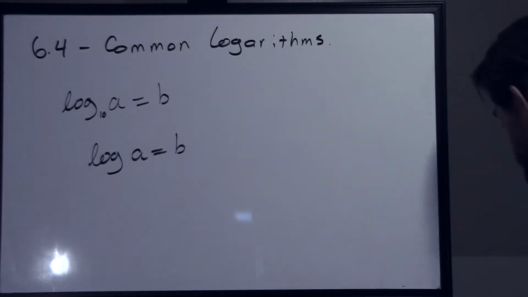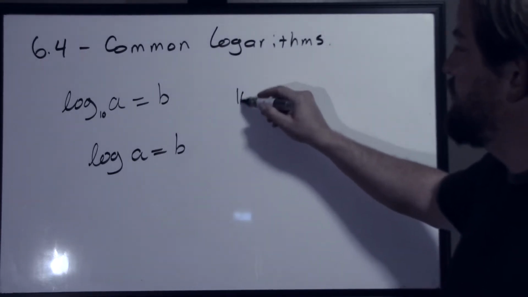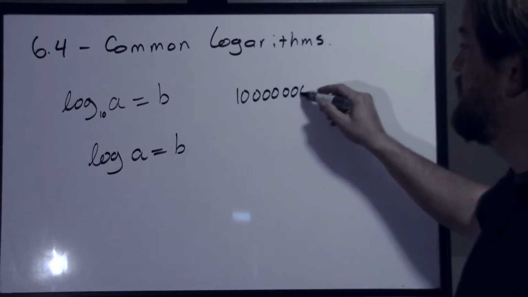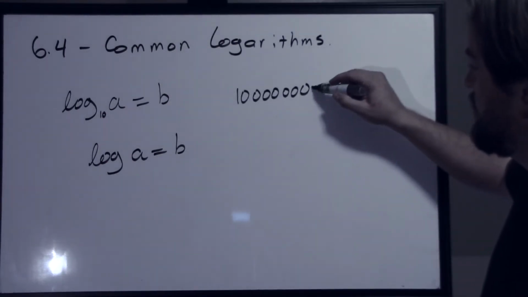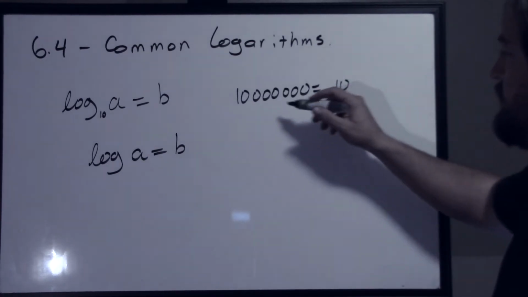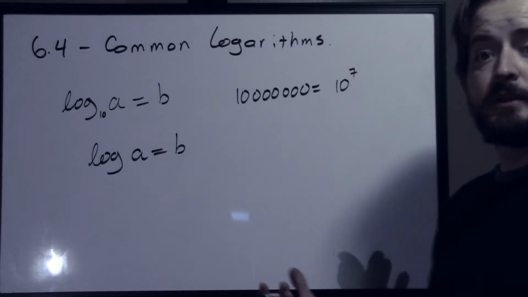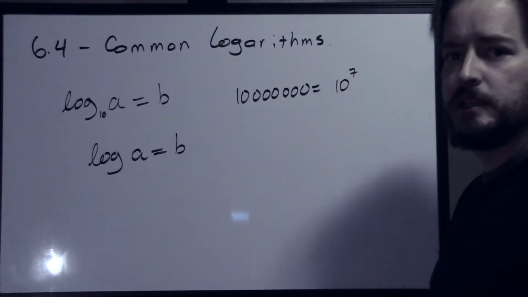Common logs are useful when you see things like, for example, 10 million, which is equal to 10 to the 7. Here we see 10 is a power. It's a common power, especially when you're dealing with things like scientific notation.